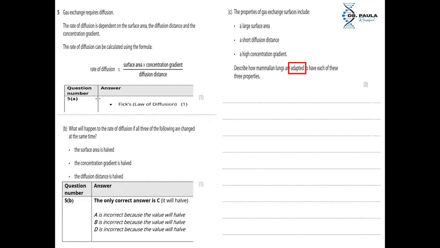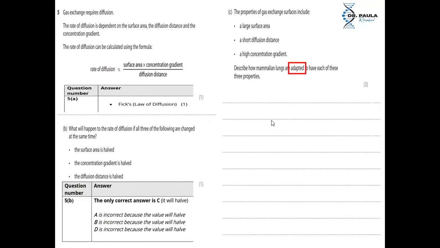If I say I'm wearing glasses and stop here, it's considered the feature. But if I say I'm wearing glasses in order to see, for example, a far object quite clearly, this is called adaptation. So in order to get the mark, you have to mention how mammalian lungs are adapted.